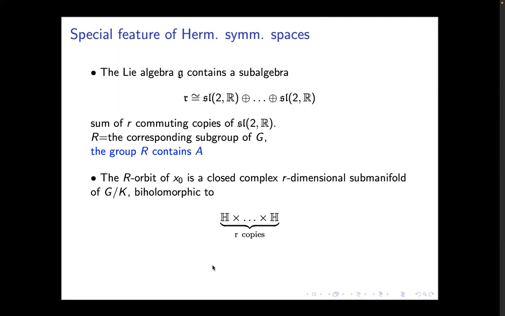It is a kind of polydisk theorem, but this time we have a poly upper half plane. So this product of upper half planes is like a thick slice for the N action.